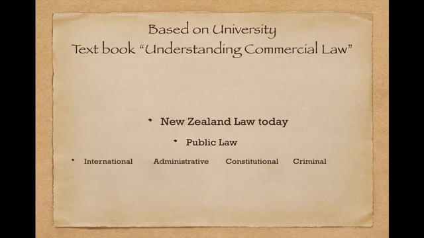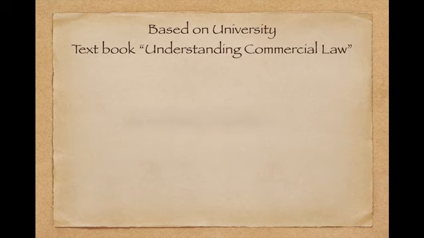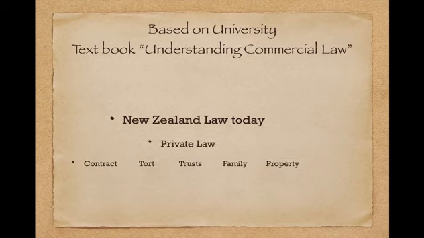Okay, so when we go further into it, we'll find that the public law is international, administrative, constitutional, and criminal. Now I want you to look at two in particular, administrative and criminal, because those are the two laws that concern us the most. Okay, so New Zealand law today, when we come to private law, we come to contract, tort, trusts, family, and property.